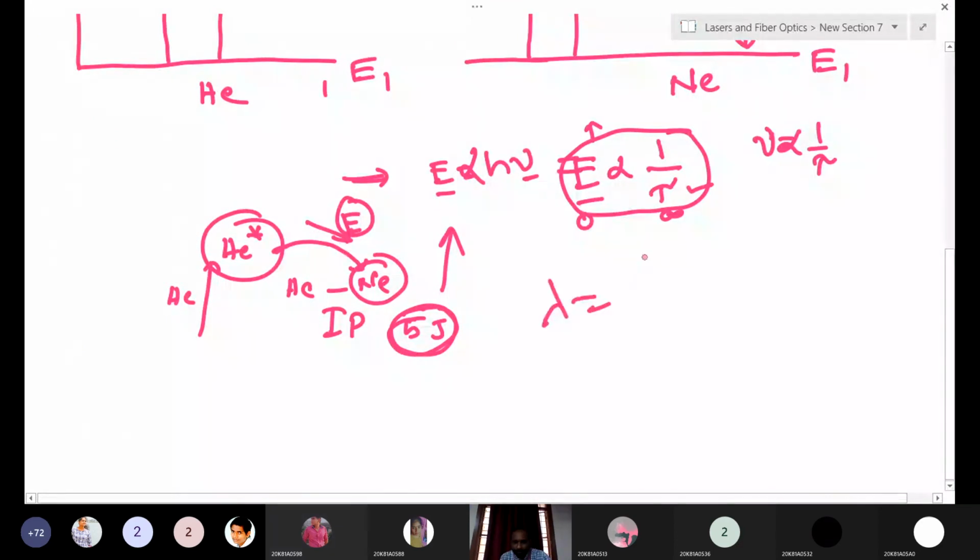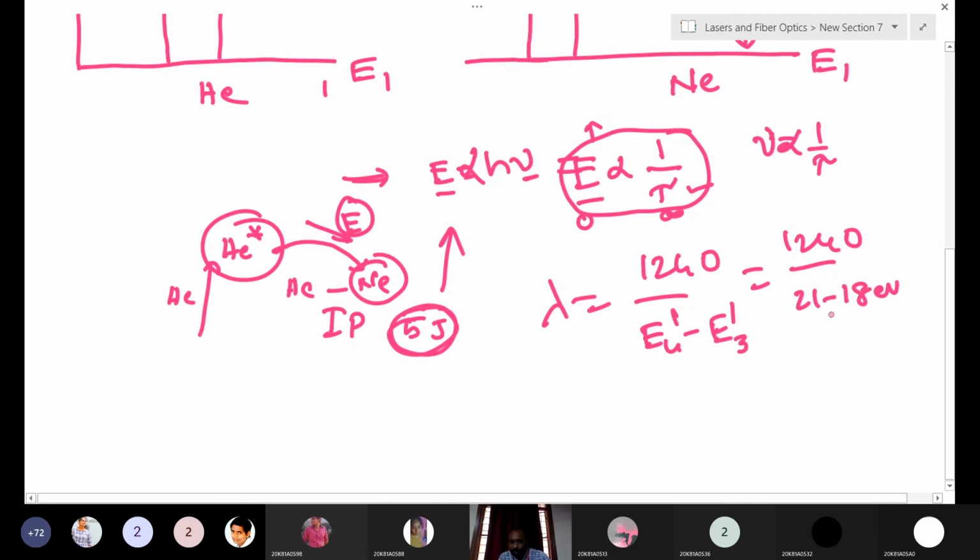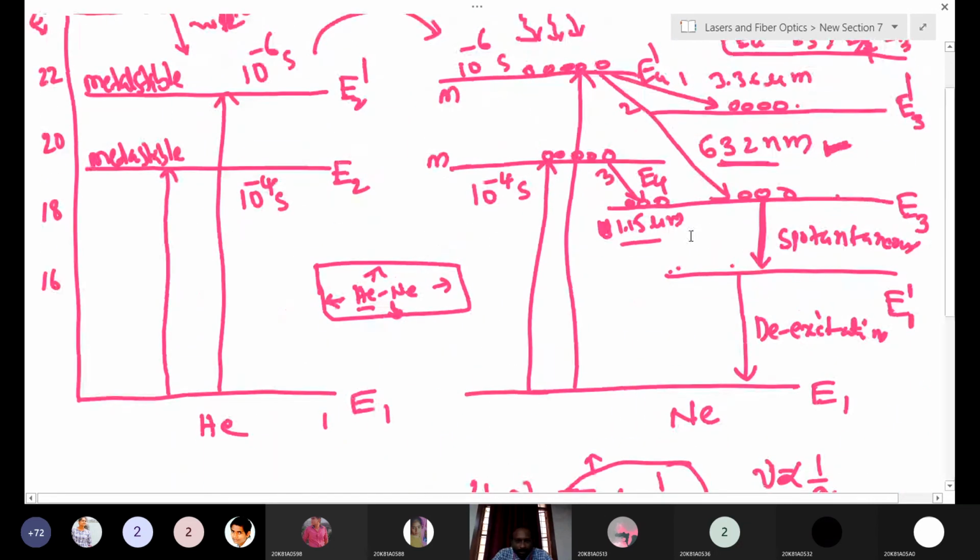Lambda is equal to 1240 by the difference between E4 dash and E3 dash, that means 1240 by 21 minus 19 or 18 electron volts. How much will it be? About 3 electron volts. Let's take E3 dash as about 19, and E4 dash about 21.